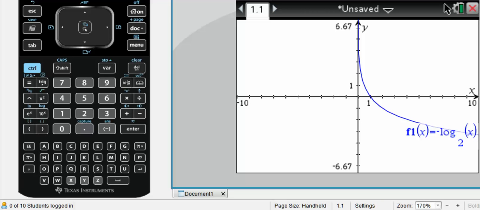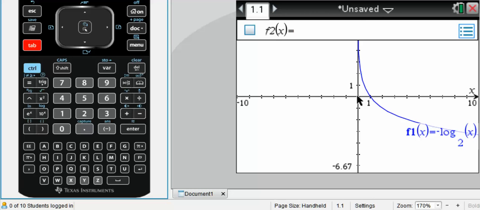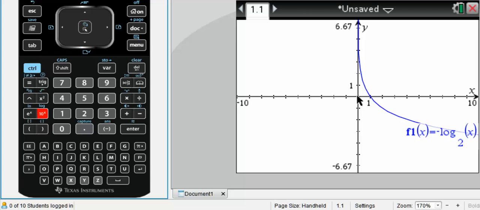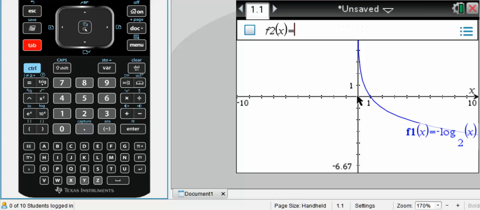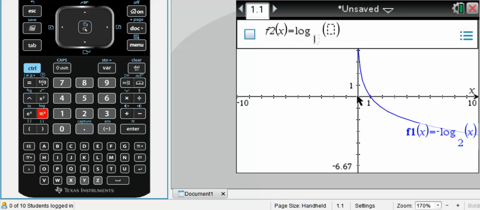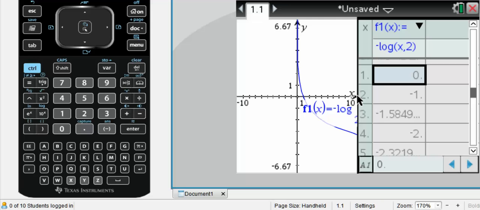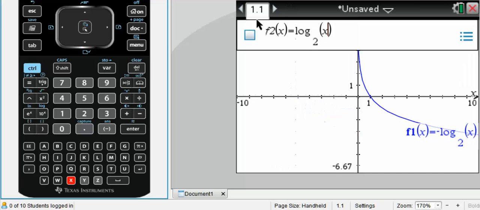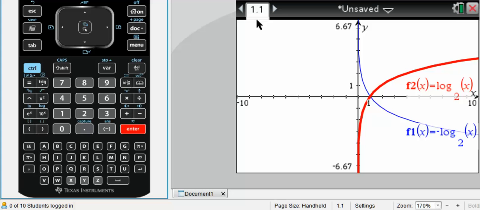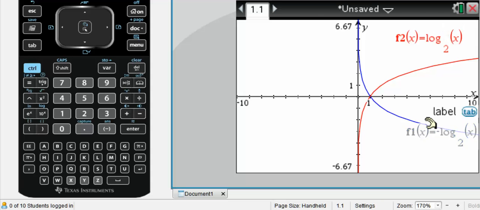Let's see how that compares to the original. Logarithm base 2 of x unmodified would look like this graph here. So again, this is our traditional graph in this red color. The blue graph then represents what happens when we multiply by a -1.